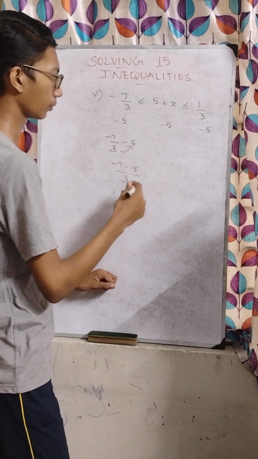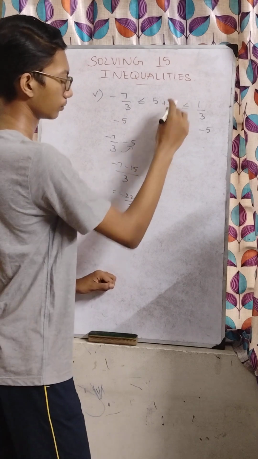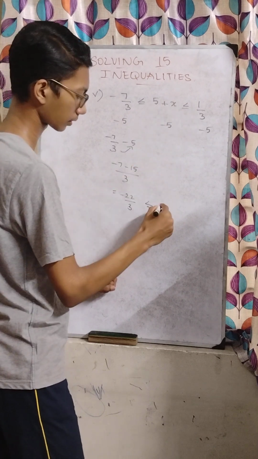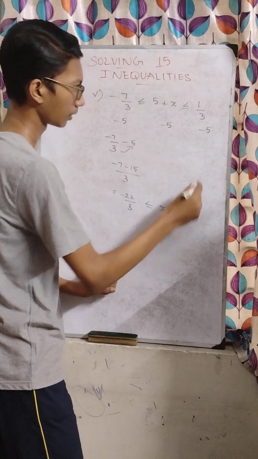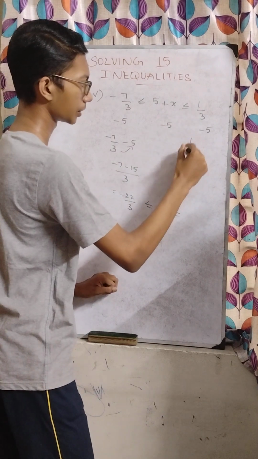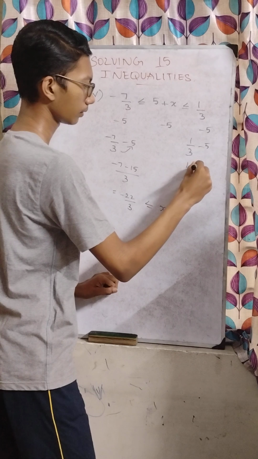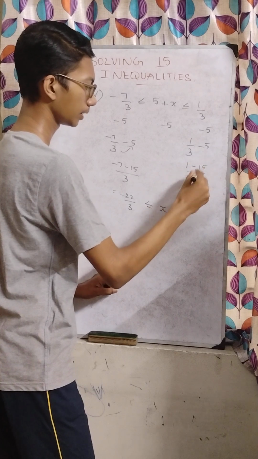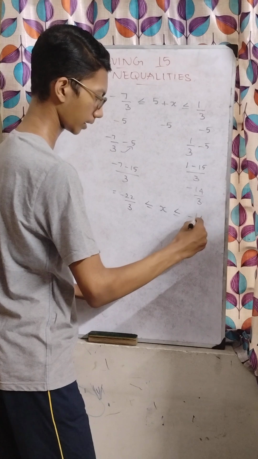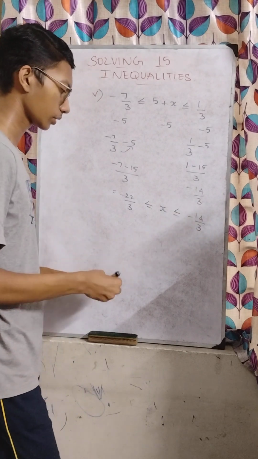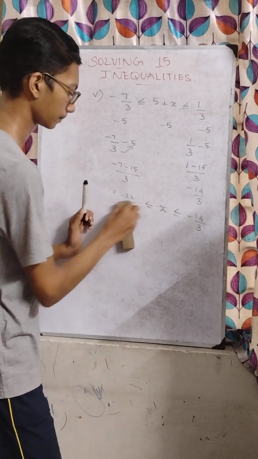So this is what we have on the left hand side. Now in the middle we have x, since plus 5 and minus 5 get cancelled. On the right, again we need to take the LCM: 1 minus 15 by 3, which gives minus 14 by 3. So this is the answer for this question.